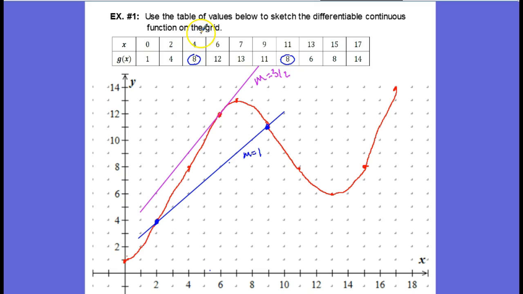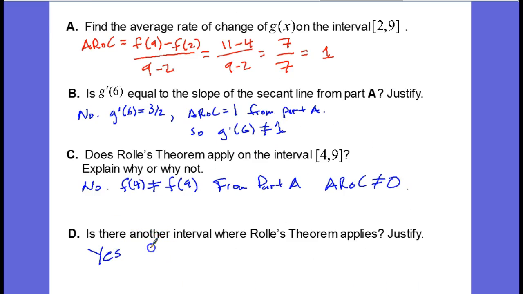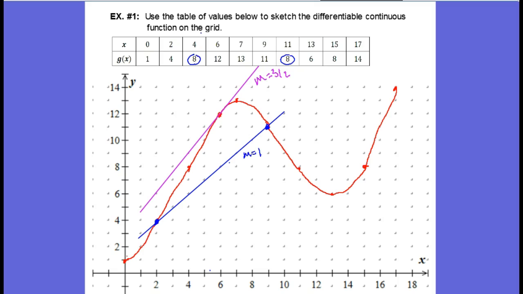So on the interval from 4 to 11, so yes, so let's say 4 to 11, and let me change colors. Do we see any more? Oh, here's another 8. So we could say maybe from 11 to 15.